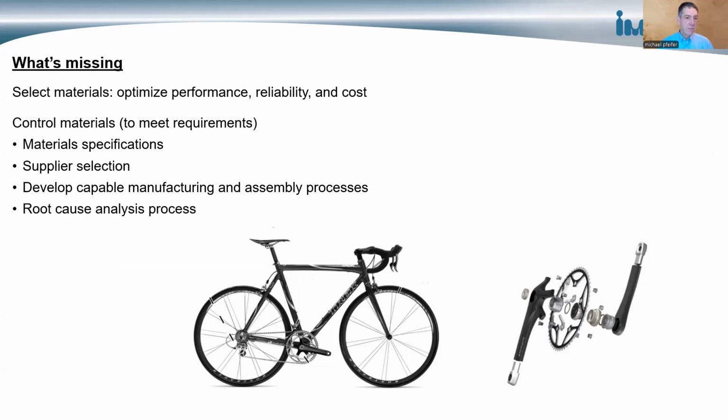And that means being able to evaluate the materials when there are problems and understand the metallurgical reasons for the problems or the materials engineering reasons for the problems, and then using that information to determine the root cause of the problem. And then from that, putting fixes in place to prevent the problem from occurring.